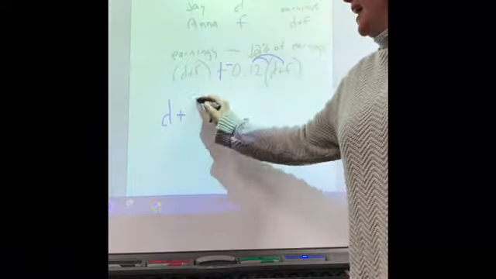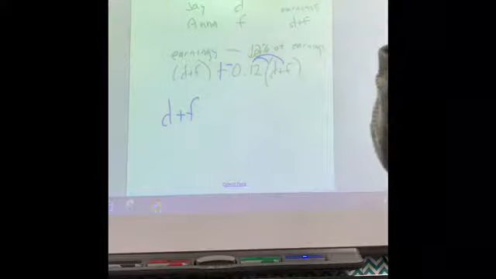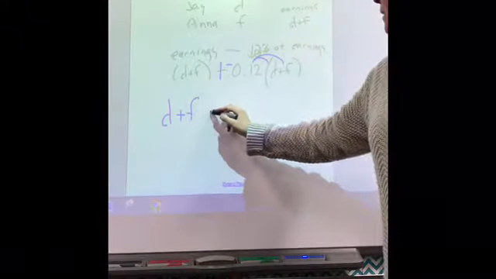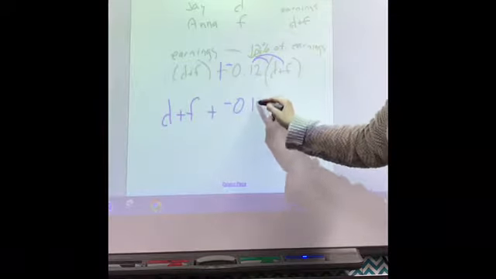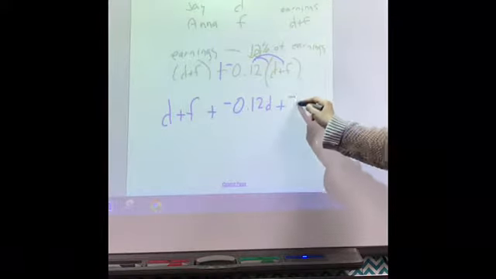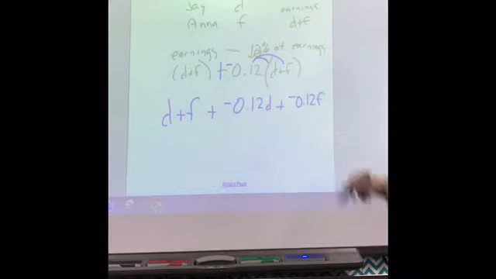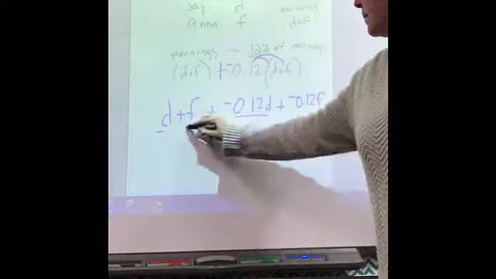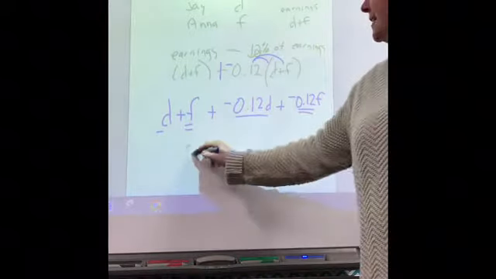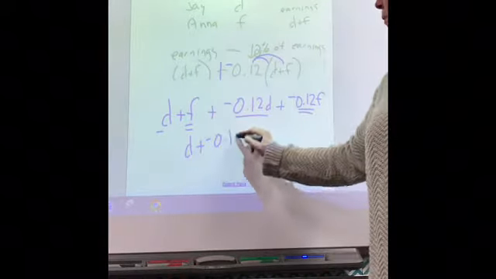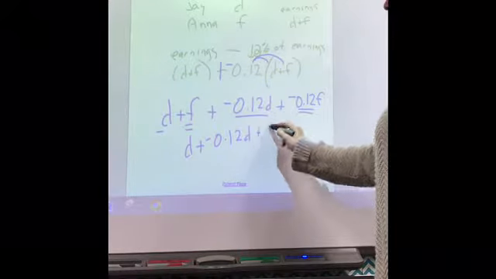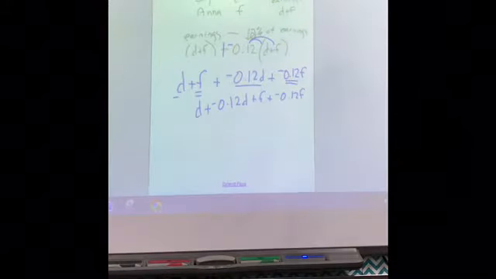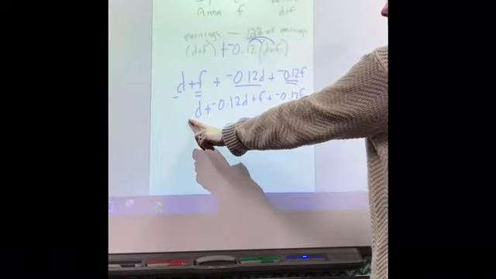D plus F, I'm not going to put that in parentheses because it's not being multiplied by anything, so it's okay. Plus negative 0.12d plus negative 0.12f. Now I'm going to combine like terms. D plus negative 0.12d plus f plus negative 0.12f. What's my coefficient of this one? 1.